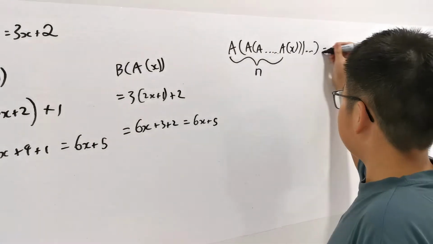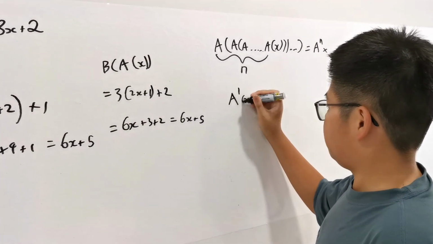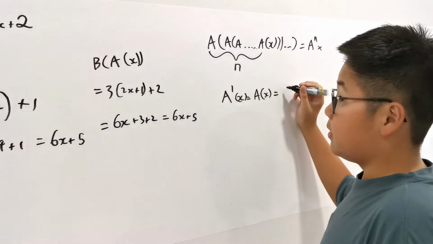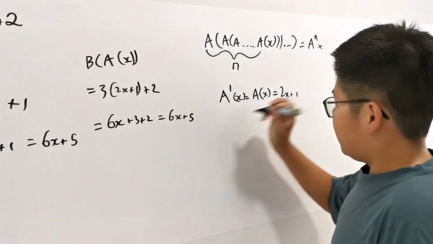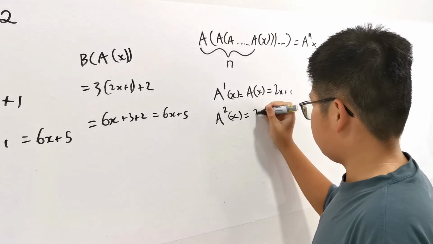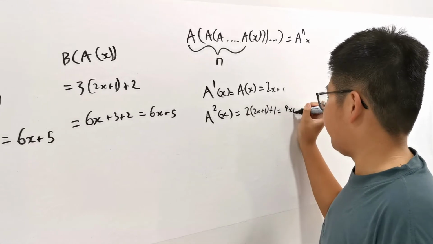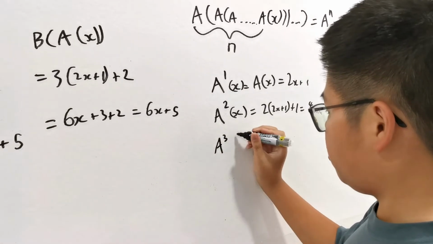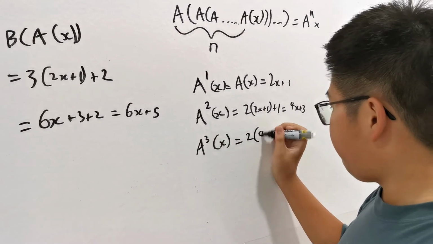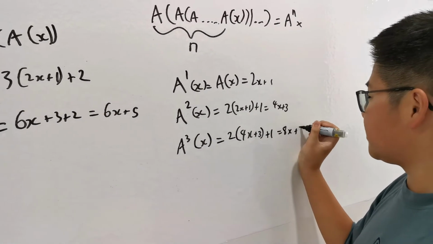We denote this as a^n(x). a^1(x) equals a(x) equals 2x plus 1. a^2(x) equals 2 times (2x plus 1) plus 1, equals 4x plus 3. a^3(x) equals 2 times (4x plus 3) plus 1, equals 8x plus 7.